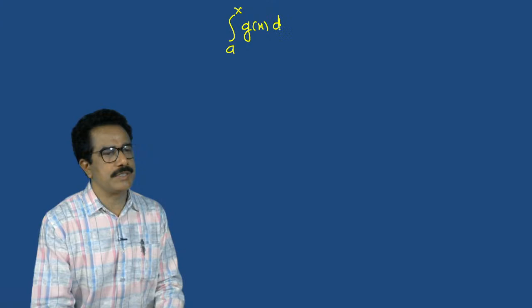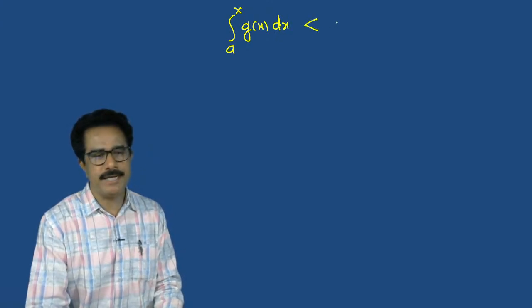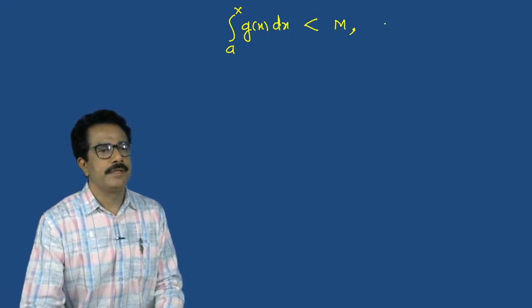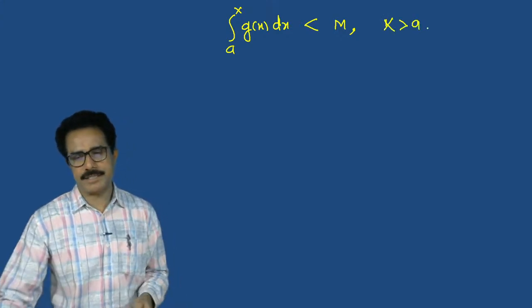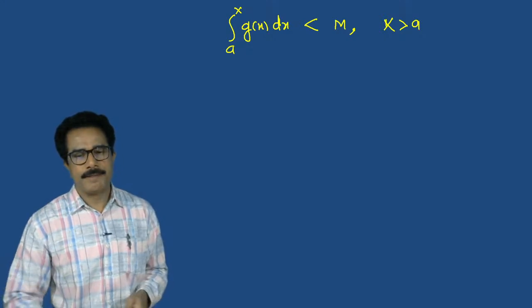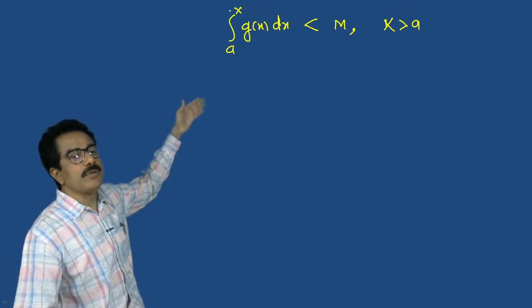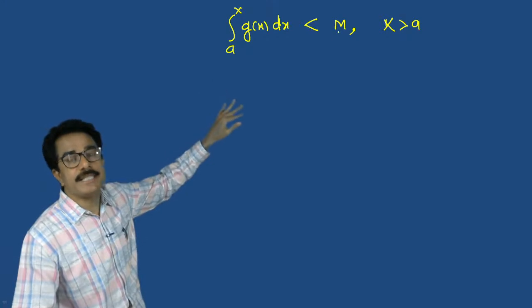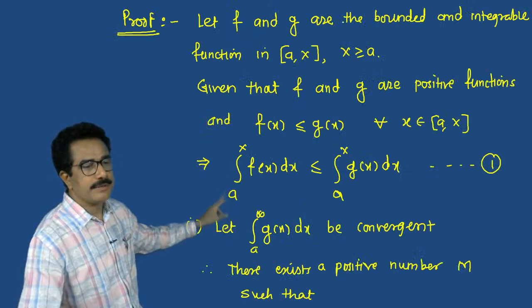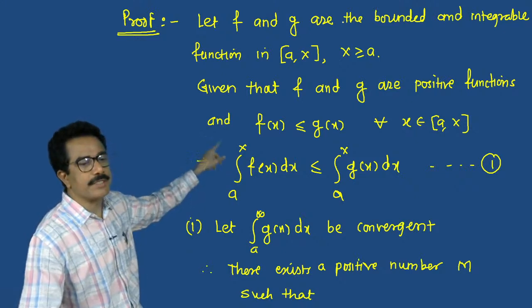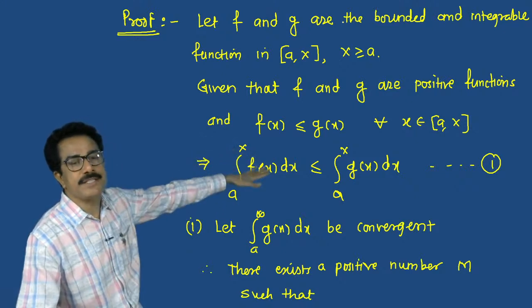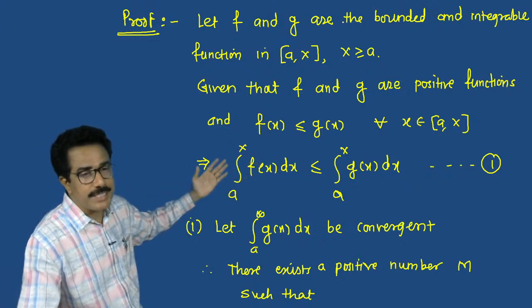the integral from a to x of g of x dx is less than m, such that x is greater than a. This condition is satisfied. Now see, the integral from a to x of g of x dx is less than m, but the integral from a to x of f of x dx is less than this, which means it is also less than m.